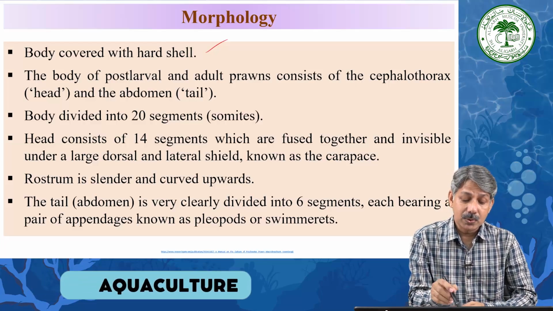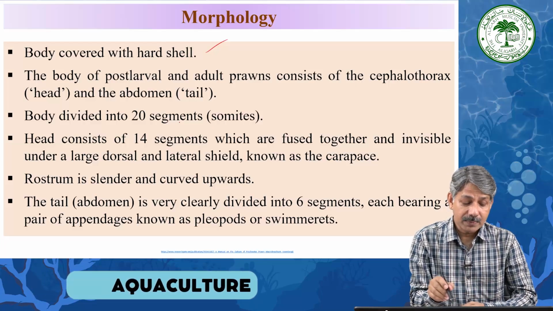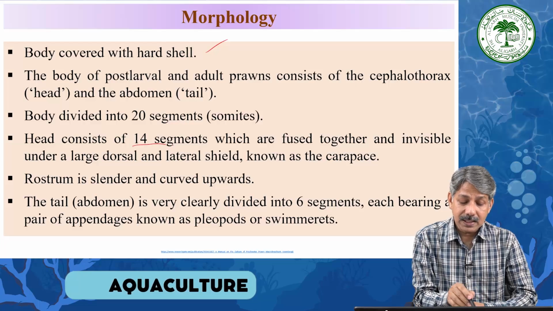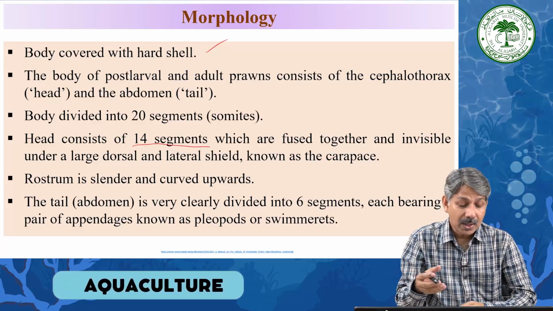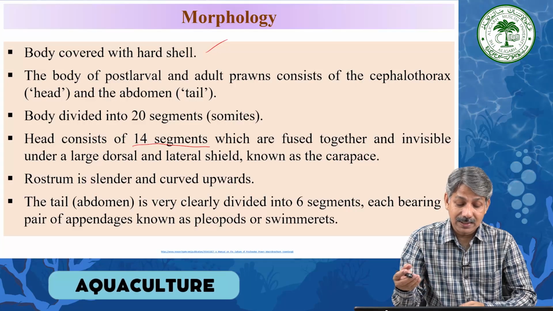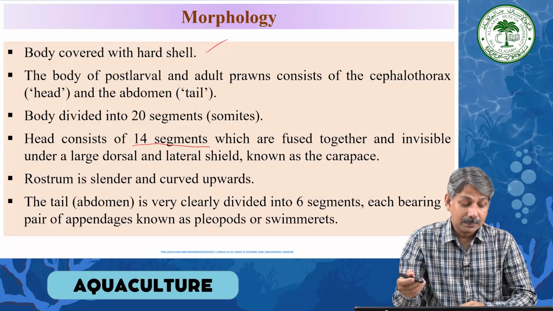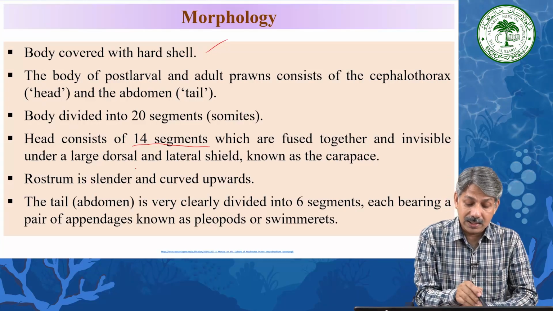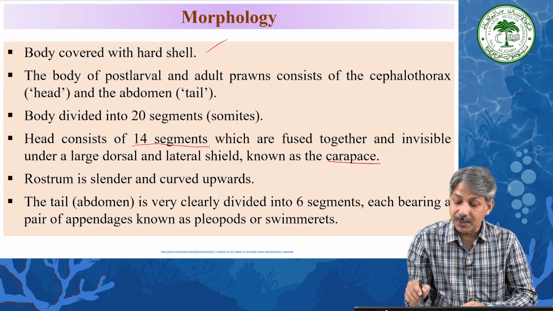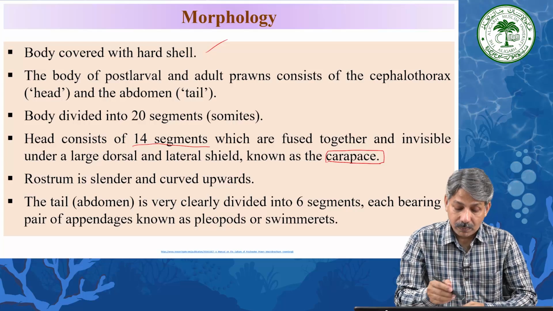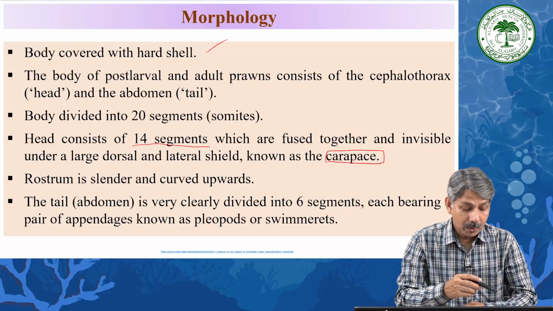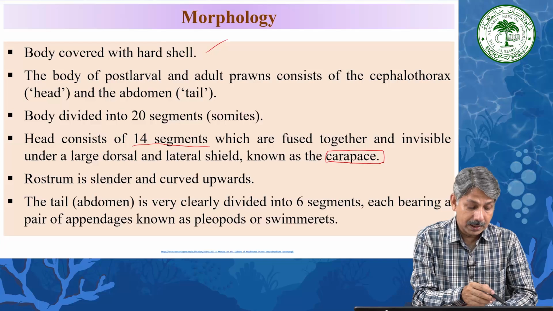Body divided into 20 somites or segments. A head consists of 14 segments which fuse together, and they are in fact not visible directly, but they are under a large dorsal and lateral shield that we call the carapace. This is the structure that is visible and that provides shelter or protection to the animal.